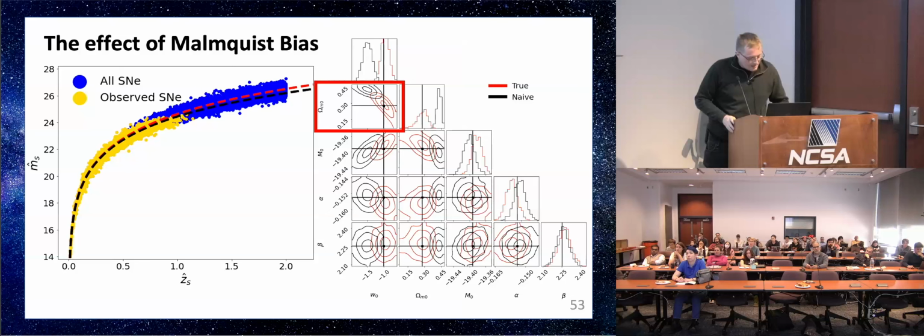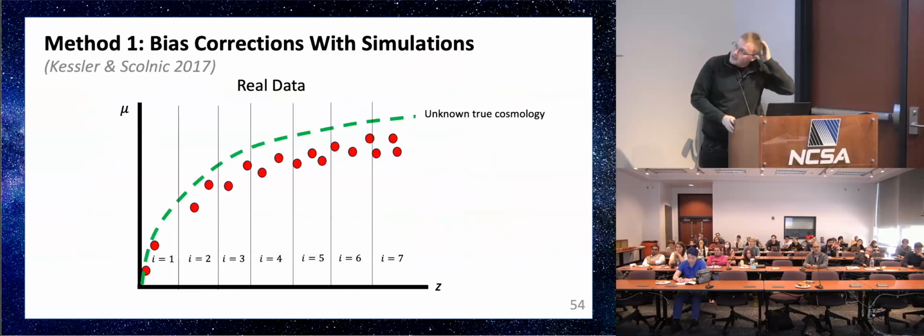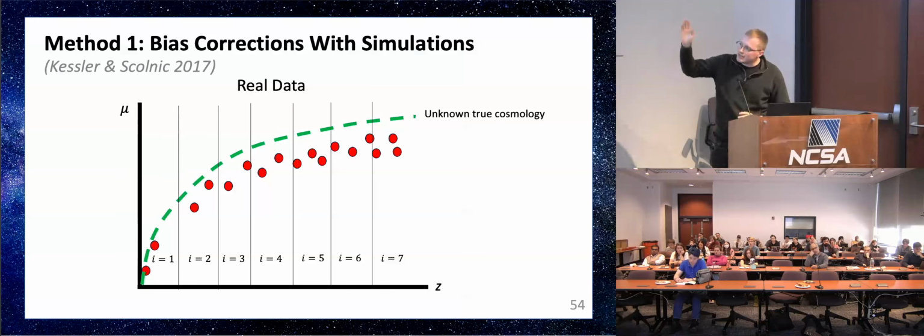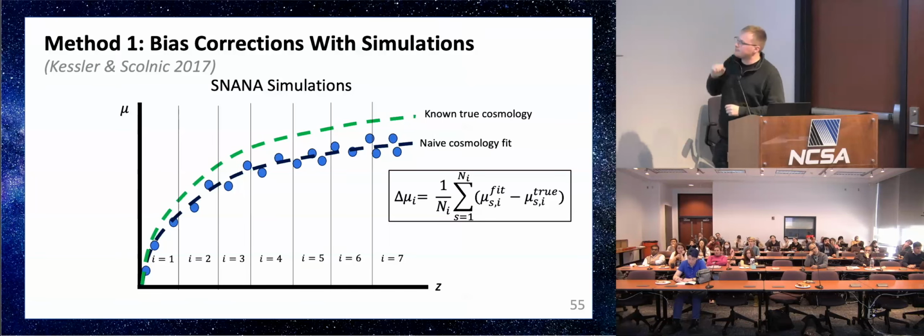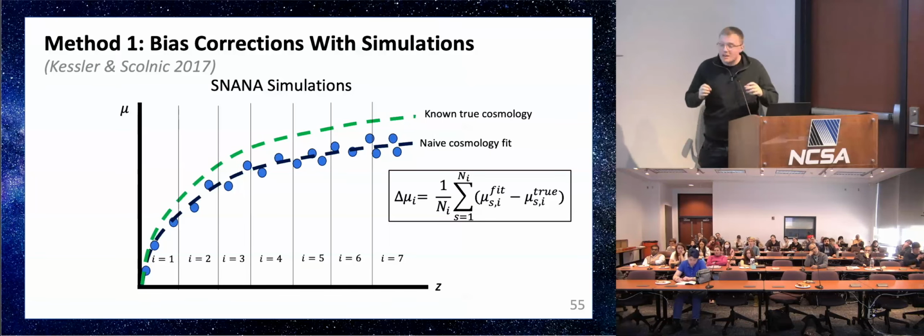So one method that is common in the field is what we call bias corrections with simulations. The idea is that you split your real data up into redshift bins, and you then switch to simulations. These are state-of-the-art survey simulations, scanning the sky and saying, this is the survey plan, this supernova was detected, this one wasn't.